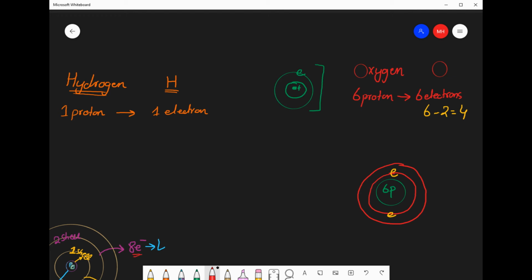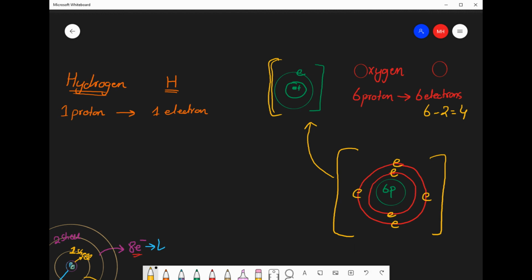There are 4 left, so just draw 4 here: 1, 2, 3, and 4. Now this is the structure of oxygen. Can you see a huge difference between the structure of hydrogen and the structure of oxygen? This is the way you represent it.